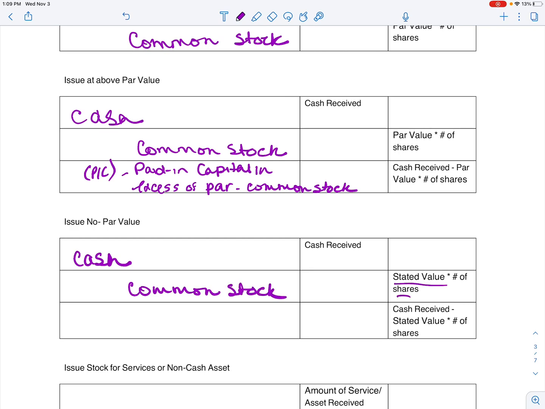Again, this is the stated value times the number of shares. And the difference is still just going to be that paid in capital in excess of stated value. We're just identifying what type of common stock we have.